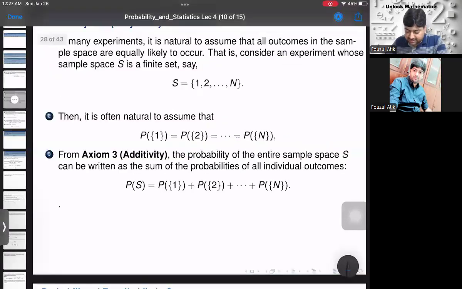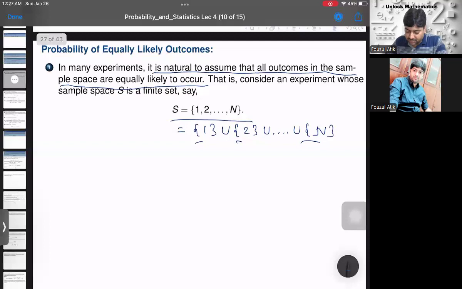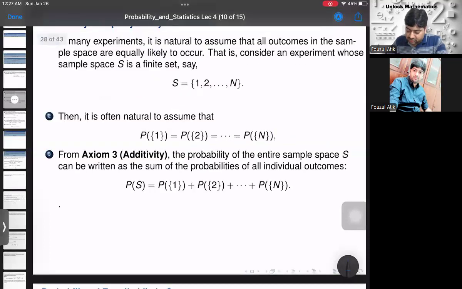Therefore, I can certainly have, and because all of them are equally likely as well, their probability is also the same. P of 1 equal to P of 2 equal to, up to P of n.